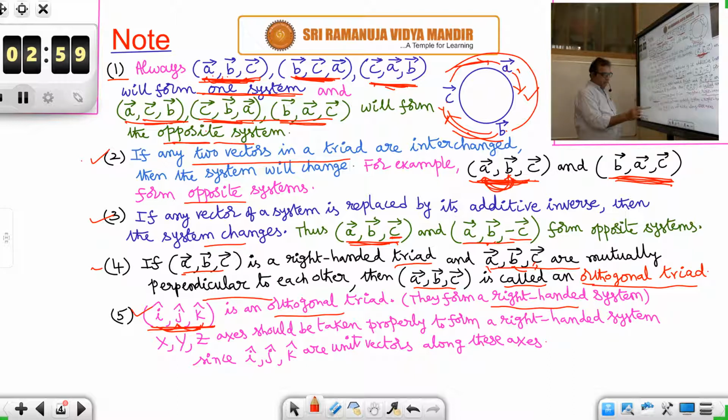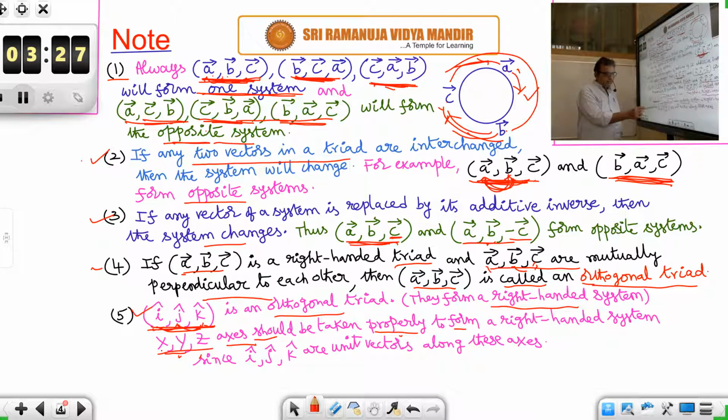Okay. But you know that I bar, J bar, K bar, I cap, J cap, K cap are unit vectors along the XYZ axes. Therefore, the XYZ axes should be taken carefully to form a right-handed system. While you are drawing the X axis, Y axis, Z axis, you should be careful to see that they form a right-handed system.